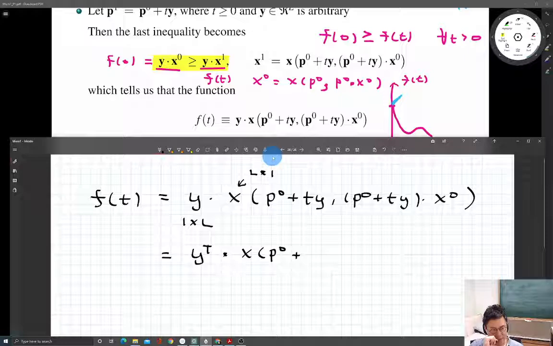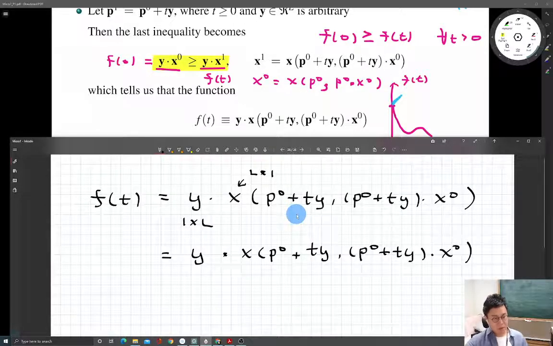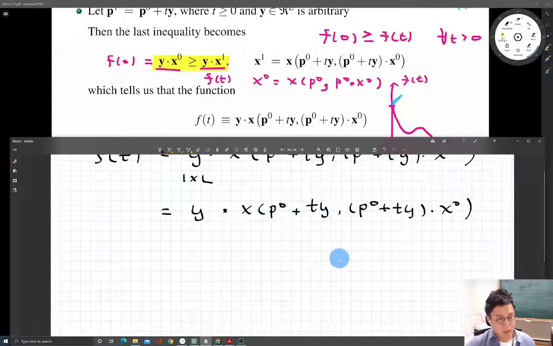Does it make sense? Then we don't have to take the transpose. So y times matrix x is well defined. I'm not sure, but in my eyes, this is perfectly fine.